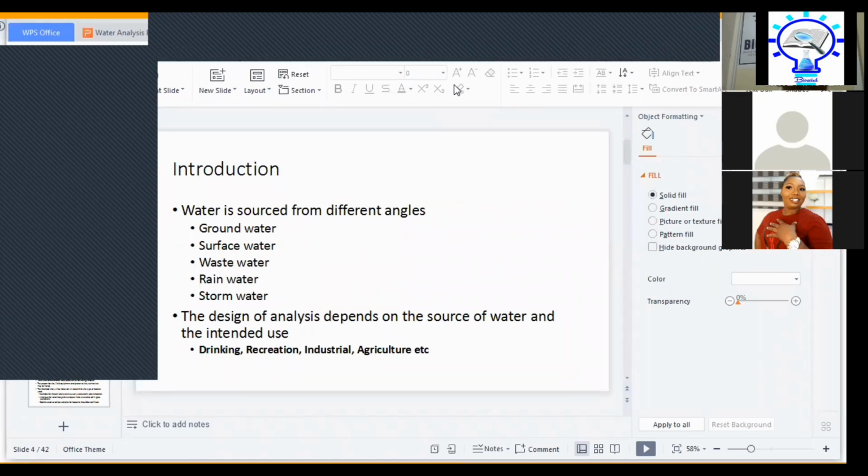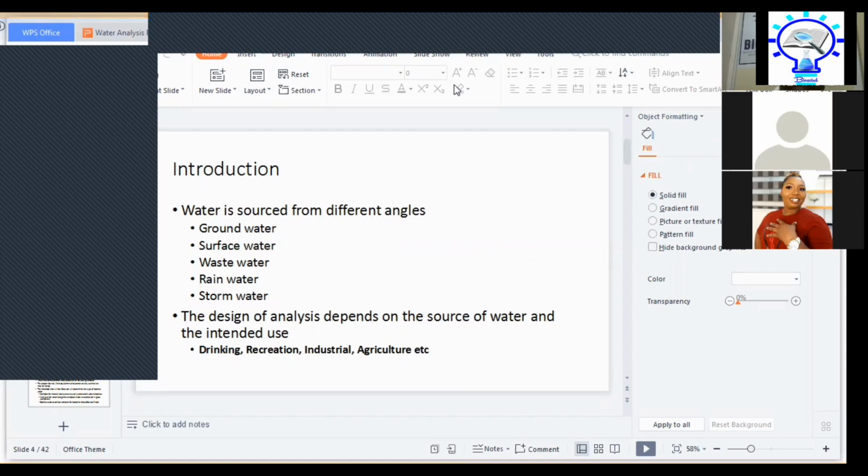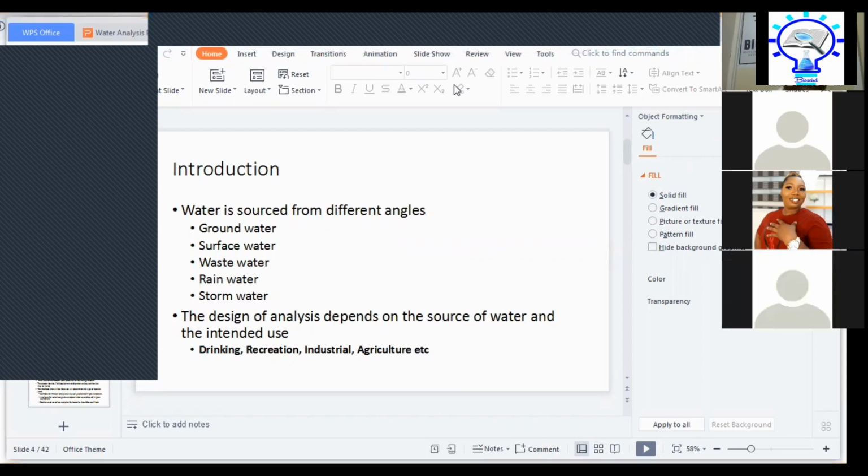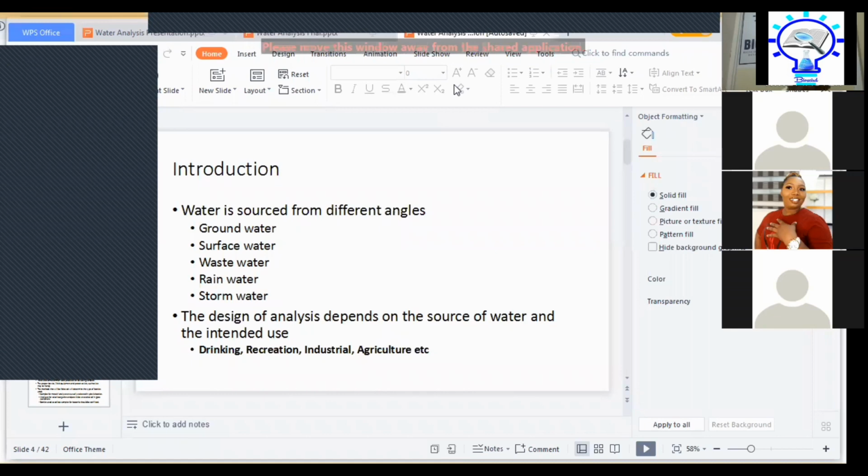It might be a deep well or just a little dug well, like we have in Lagos, you know. So groundwater involves boreholes and wells. Surface water are all these rivers, oceans, streams, lakes. Those ones are called surface water.